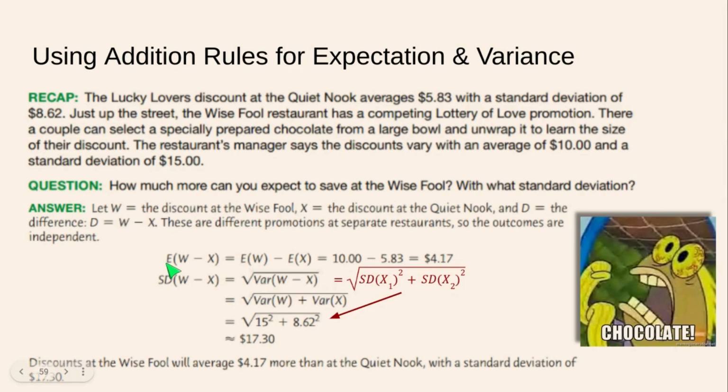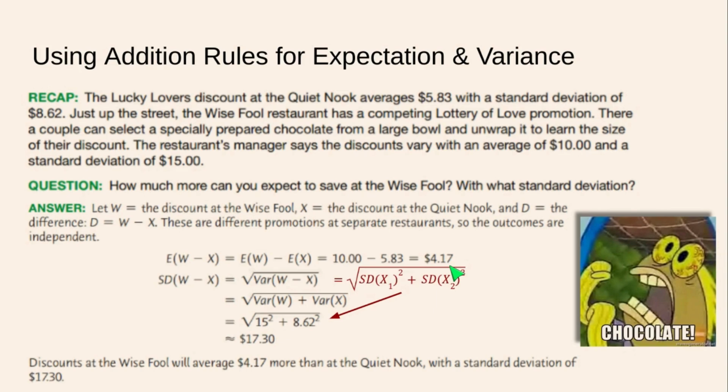So the expectation of the difference in savings would be the difference in the expectations. This is not terribly complicated. So we'd say $10 minus $5.83 is $4.17 approximately.